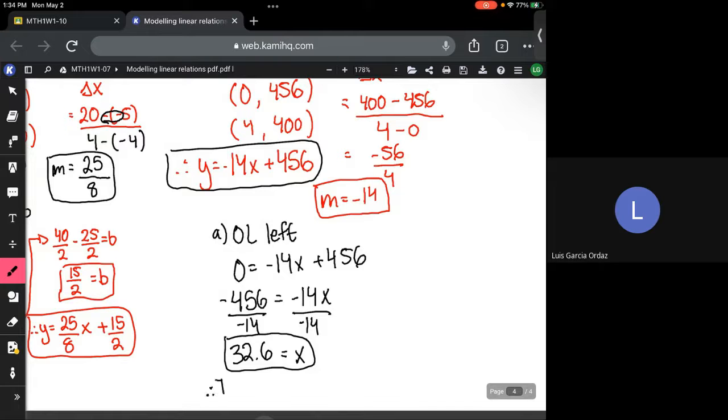Wouldn't it be roughly 33 minutes? Technically it's 32.6 minutes, and 60 seconds equals another minute, so you have to think about the situation.